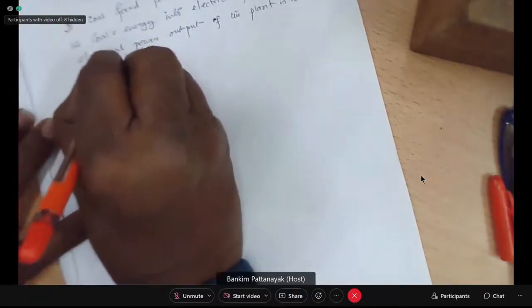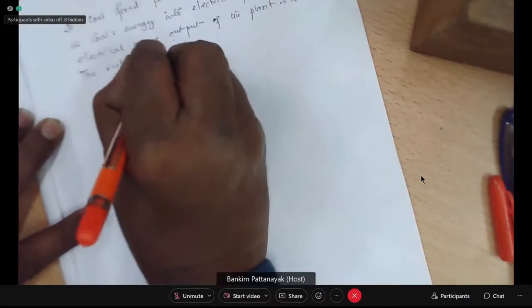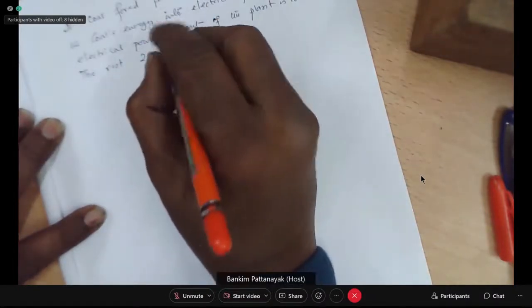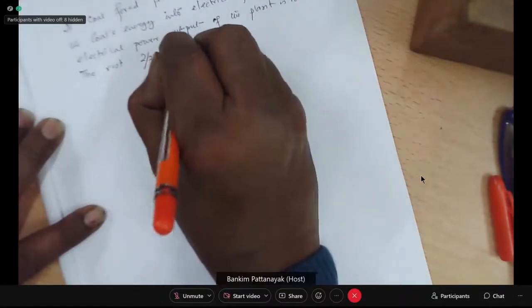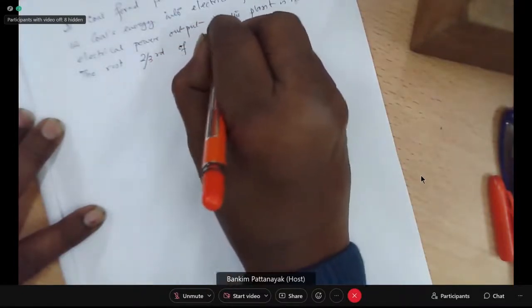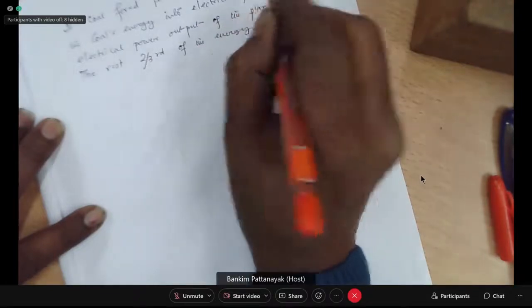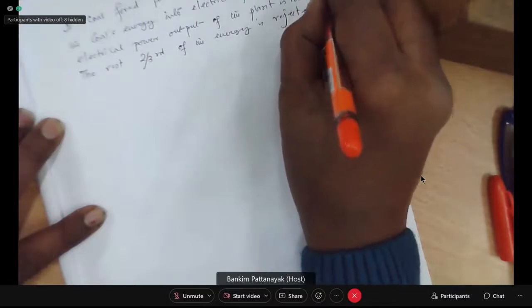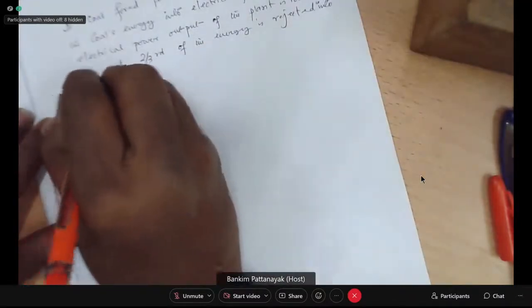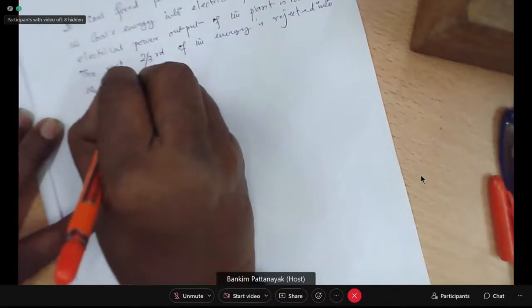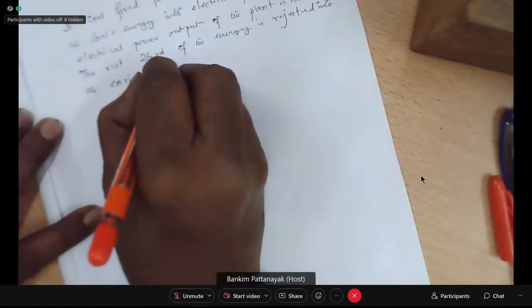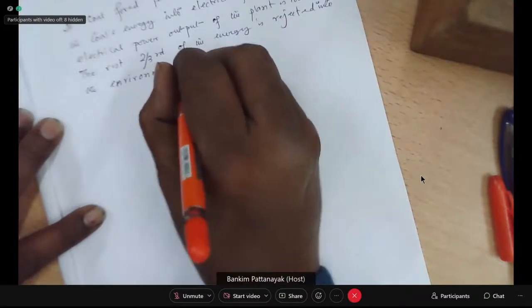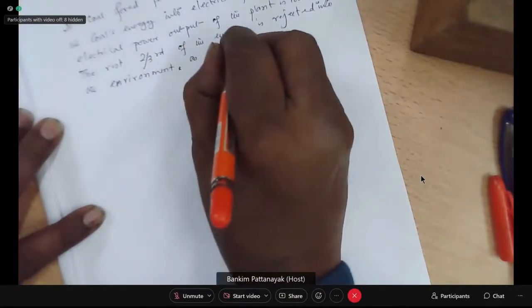The rest, 2/3 of the energy, is rejected into the environment as waste heat.